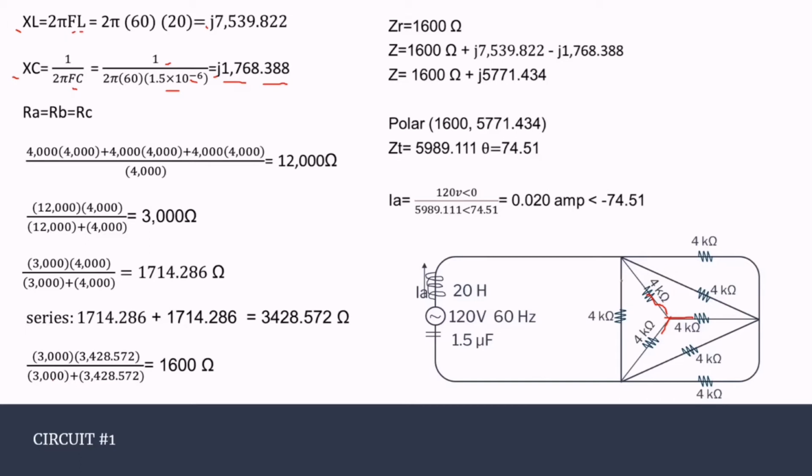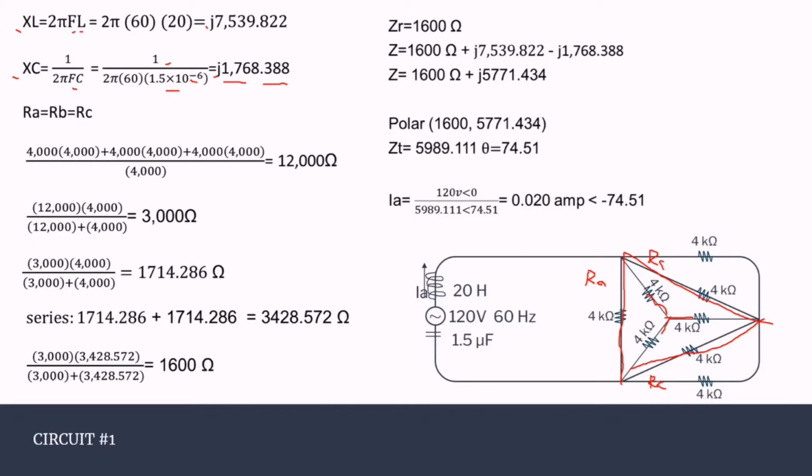we're going to get the delta. We're going to name these RA, RB, and RC. Delta is taken by pair over opposite.